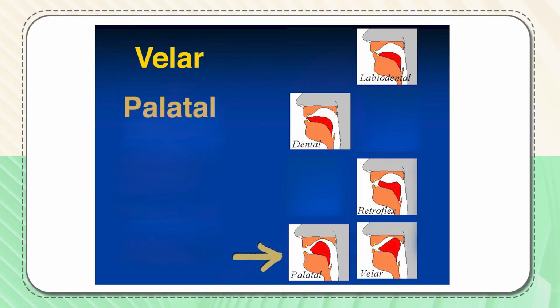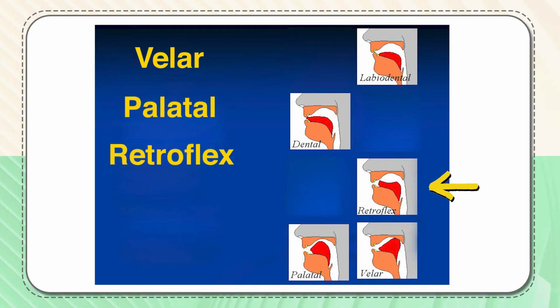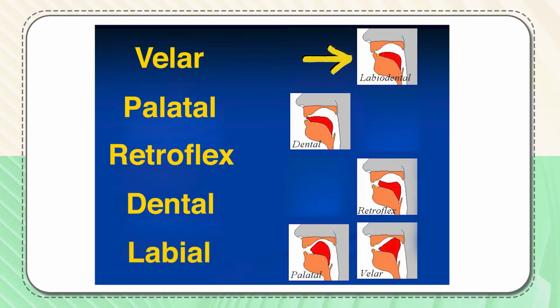The Bangla graphemes are arranged based on place of articulation: velar, palatal, retroflex, dental, and labial.